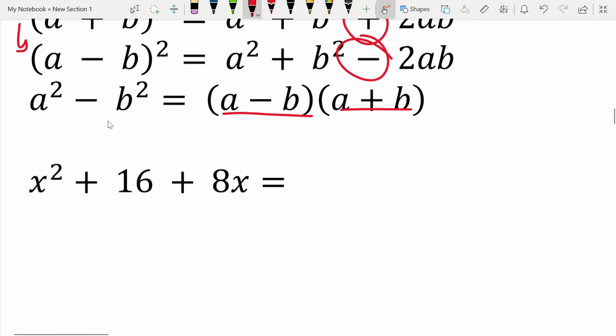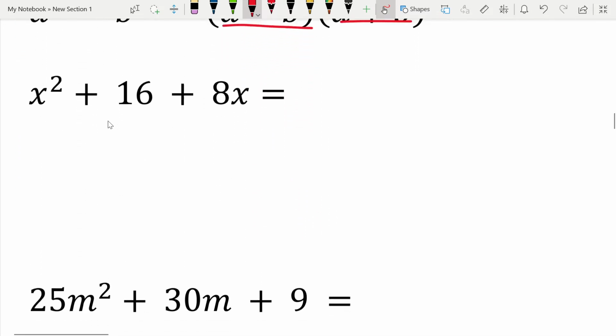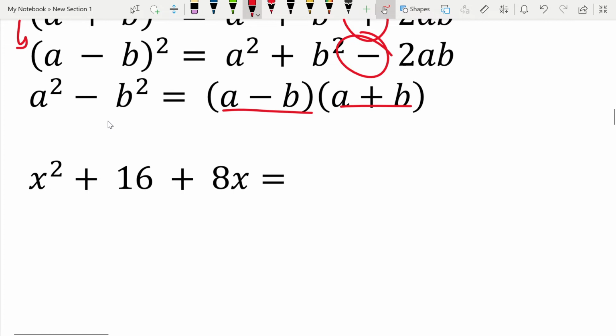So look at this question. Give this a go by yourself. 3, 2, 1. Good job, you've done it. Now let's give this a go by ourselves. So let's take some of these things as a and b. Let's take this as a square and this as b square.